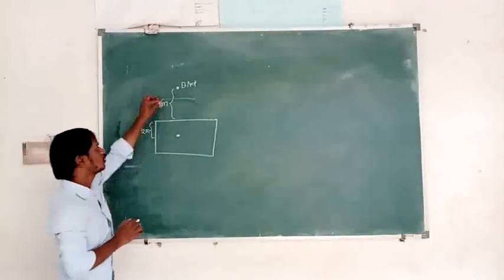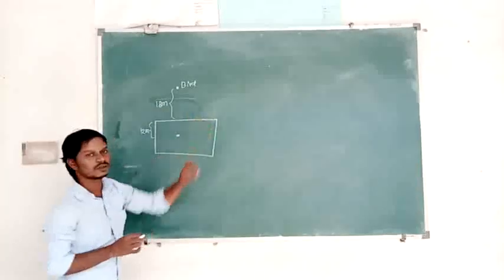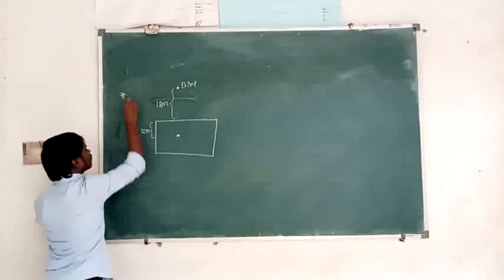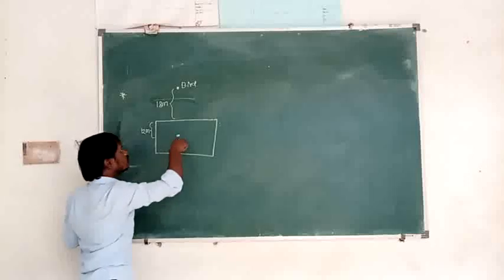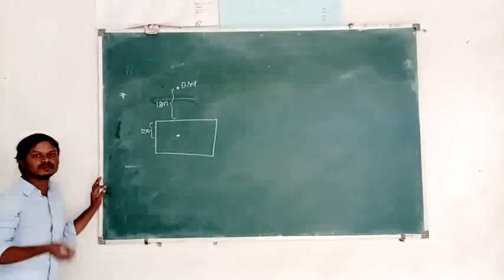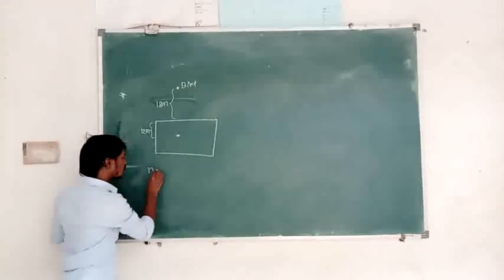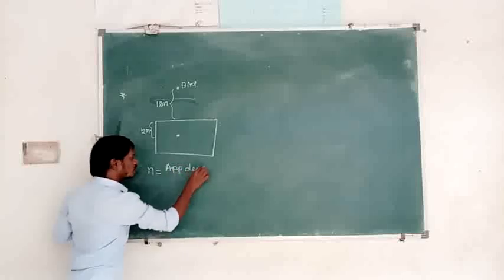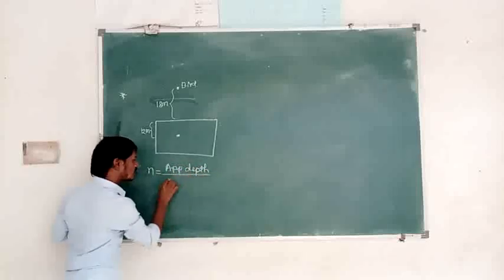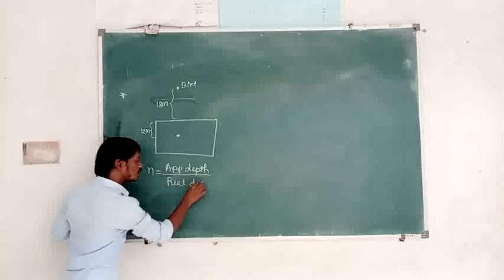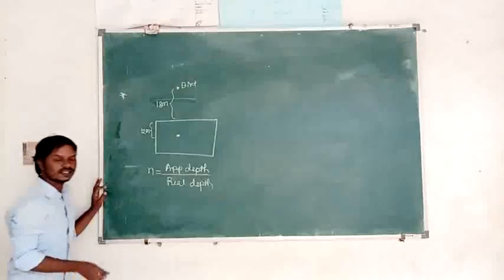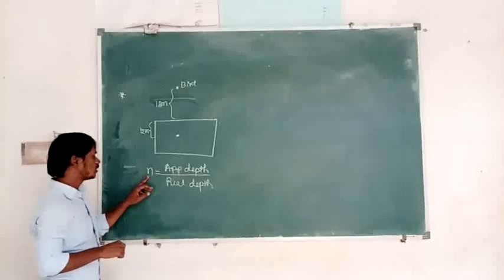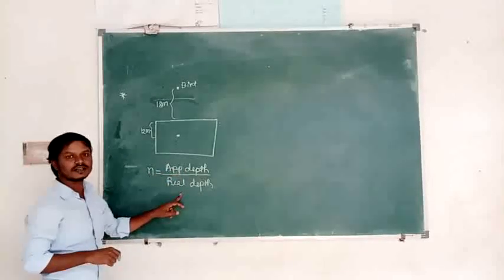We know that if the observer is in the denser medium and the object is in the rarer medium, the refractive index is apparent depth divided by real depth. If the object is in the denser medium and the observer is in the rarer medium, we take the refractive index as real depth divided by apparent depth.